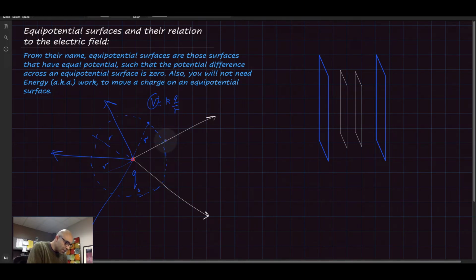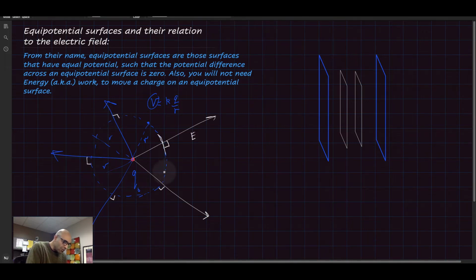Now notice these equipotential surfaces are always going to be perpendicular to the electric field lines. So these equipotential surfaces are perpendicular to the electric field line, and the same here. The same here. They're always perpendicular.